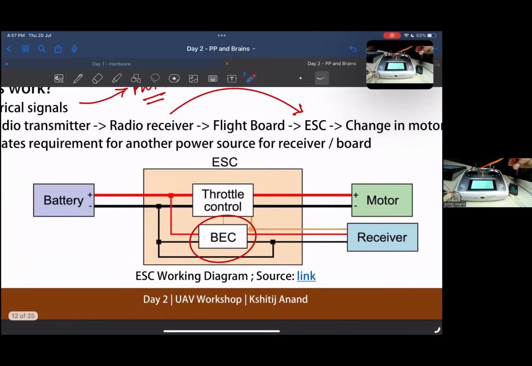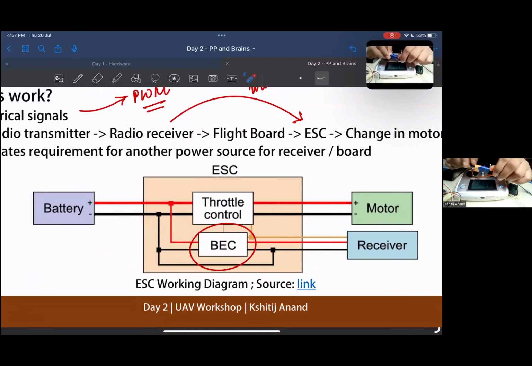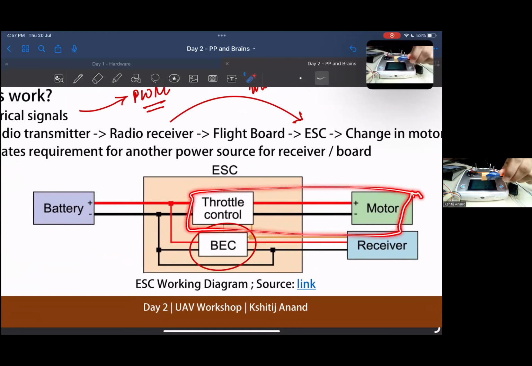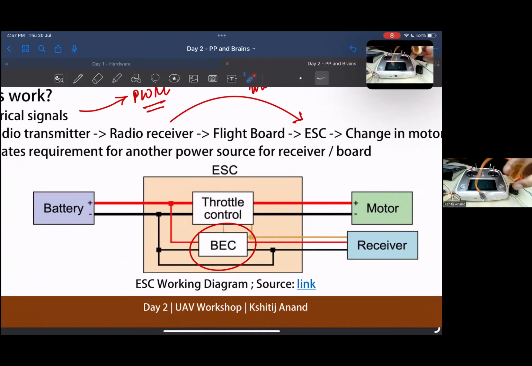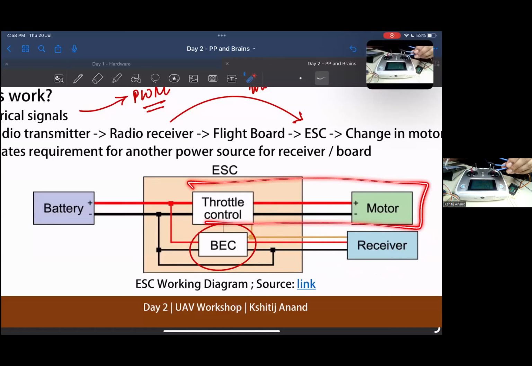As you can see here, this one goes to the battery, this one goes to the receiver, and these three wires, which control the three different windings on the motor, go to the motor.